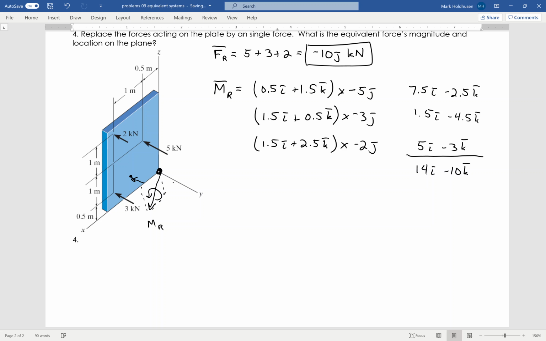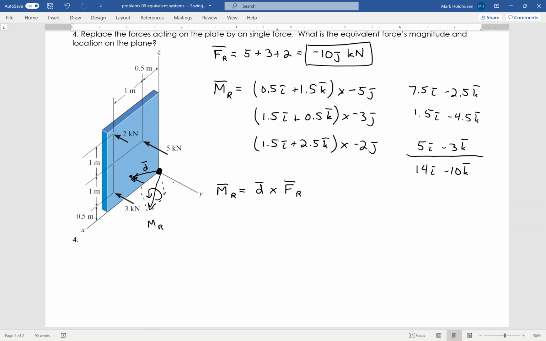Okay, the question becomes, if I call this again my D vector, what is that D vector? Where do I place that force so that it creates that resultant moment? Again, the equation that we use is I take my resultant moment, take my D vector, and I cross it with my resultant vector. Now this D vector is going to be in the XZ plane, correct?